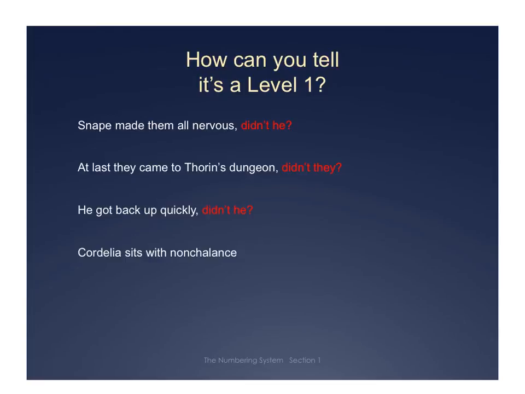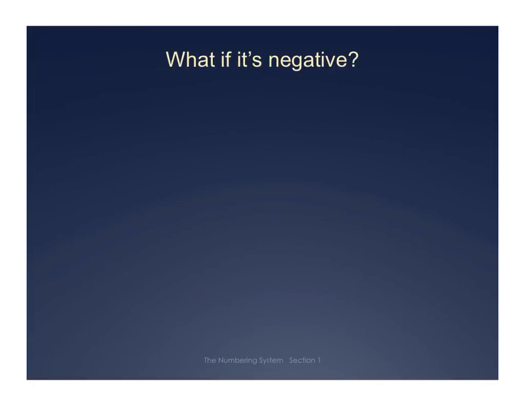In the spring of 1906, all the world skated. Didn't they? And what if the sentence is in the negative? Well, just think about it. This isn't too hard, is it?